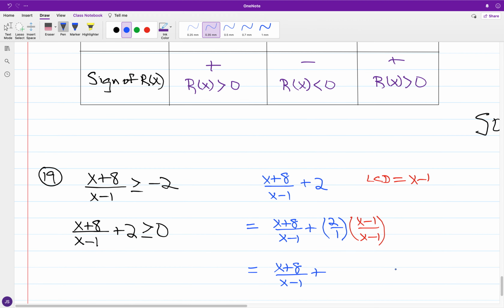And just piecing together ultimately, we have 2 times the quantity x minus 1, that is going to be 2x minus 2, and we have all over x minus 1.